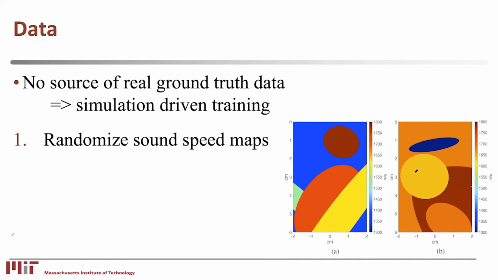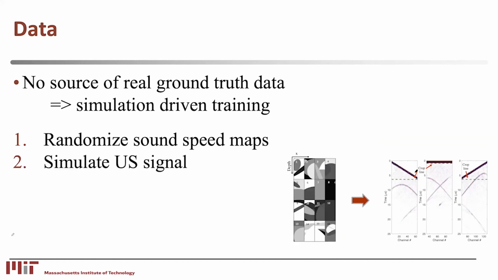We generated several thousand random sound speed maps consisting of random number of ellipses, of random dimensions and physical properties to simulate different organs and organ distributions, along with random speckle placed in the density domain, so as to not affect the wavefront due to numerical considerations. We then use numerical methods to simulate the ultrasound signal that would be generated by our specific ultrasound probe, looking at the given speed of sound maps.